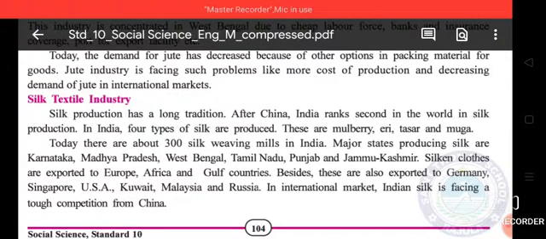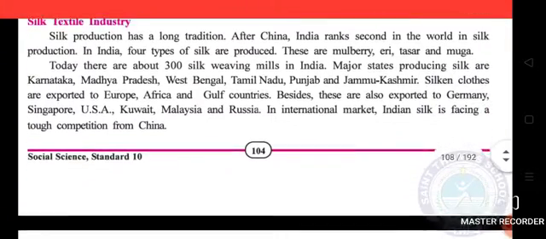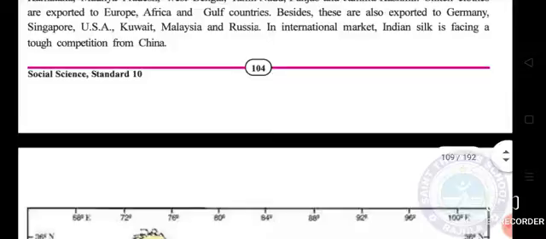Silken cloths are exported to Europe, Africa and Gulf countries. So we are exporting our silk cloth. Besides these, it is also exported to Germany, Singapore, USA, Kuwait, Malaysia and Russia. In the international market, Indian silk is facing tough competition from China.